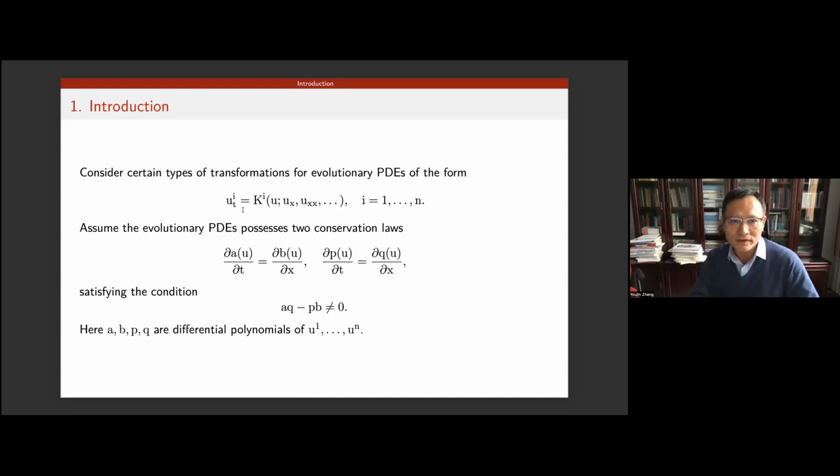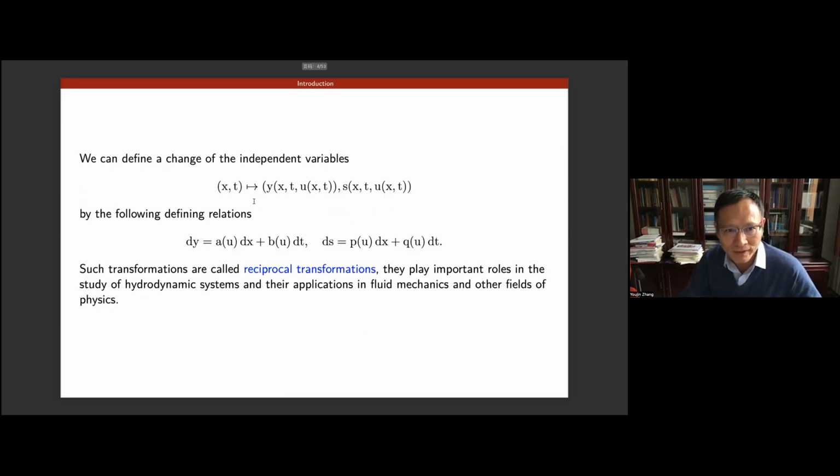If this evolutionary PDE possesses two conservation laws, A and P, then we can change the independent variables, x, the spatial variable, and also maybe t, the time variable. So we perform this kind of transformation from x, t to some new independent variables, y and s, which depend on x, t and u, the unknown functions.